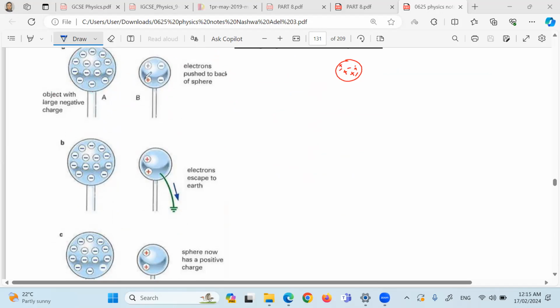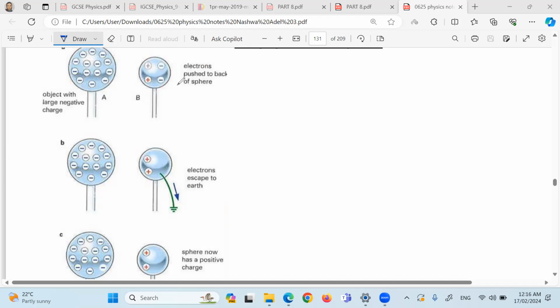Once this object gets close to the metallic sphere, the charges on the sphere rearrange themselves in a way such that the positive get close to the negative object, and the electrons are repelled and move to the right. You should know that the electrons move to the right, while the positive ions don't move. Only the electrons move away. So when the electrons move in that direction, you will find this side is negative and the other side positive.